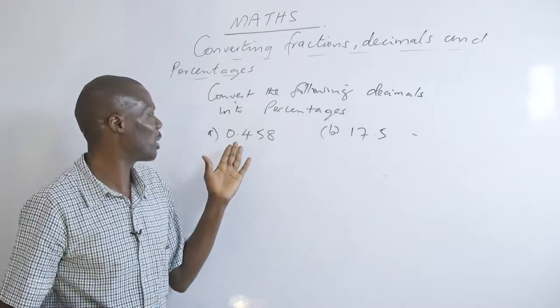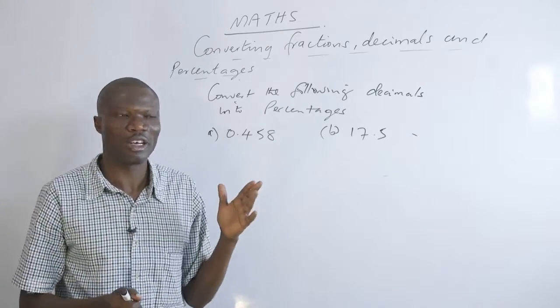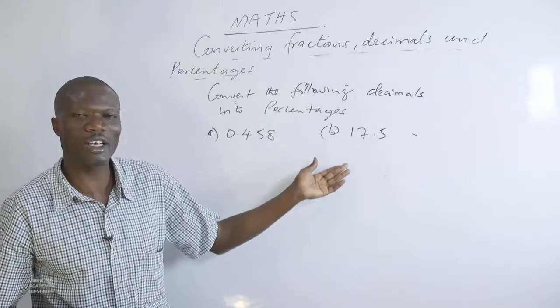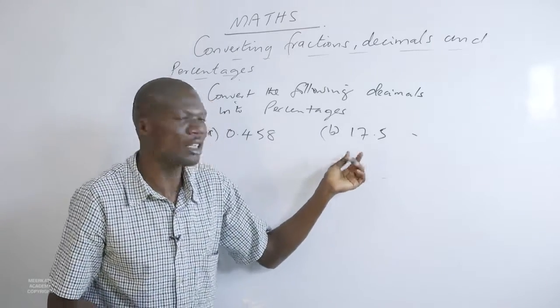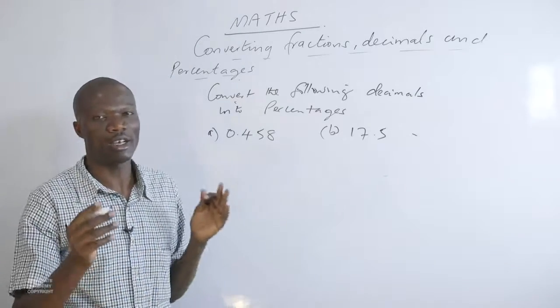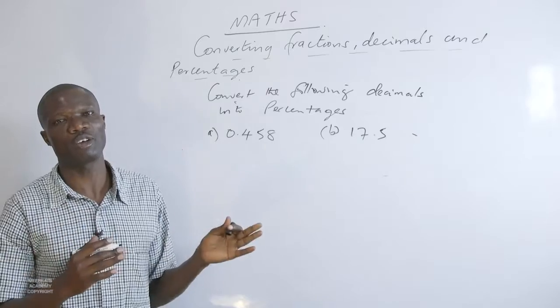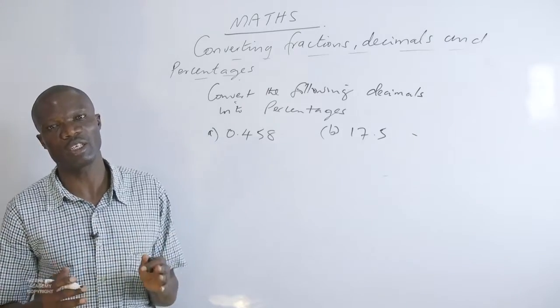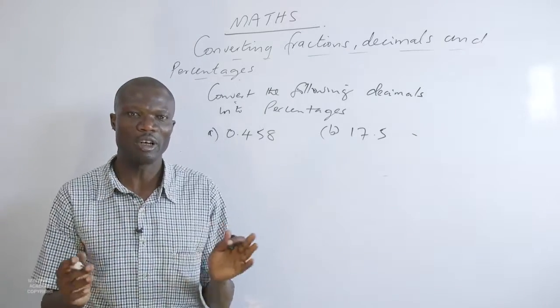The first one we have 0.458, and the second one we have 17.5. We are to convert into percentages. As we saw earlier, for any conversion from decimal to percentage, we simply multiply by what? 100.